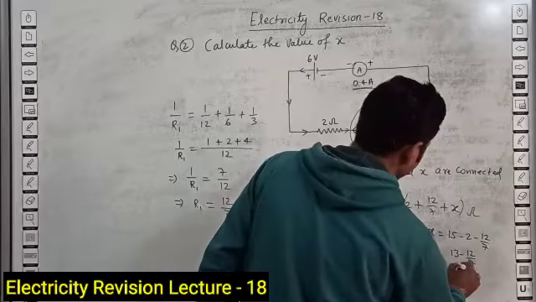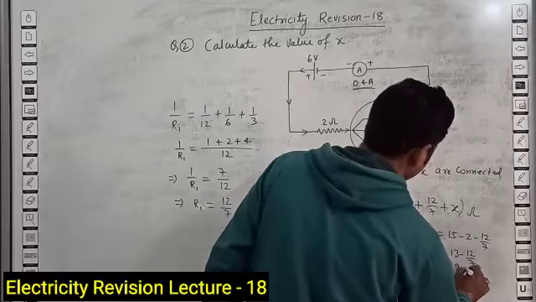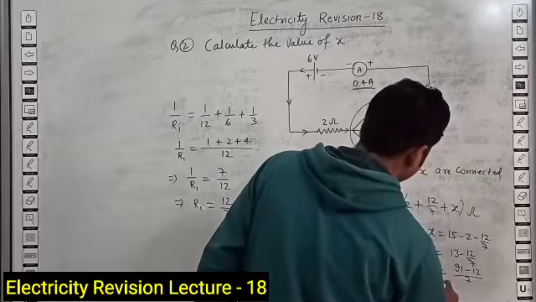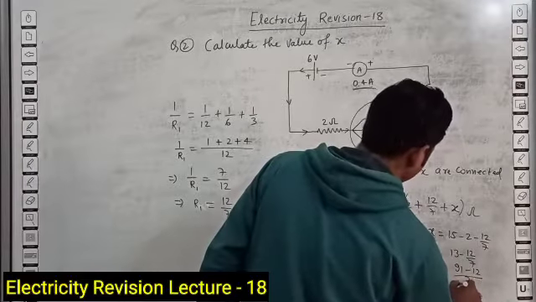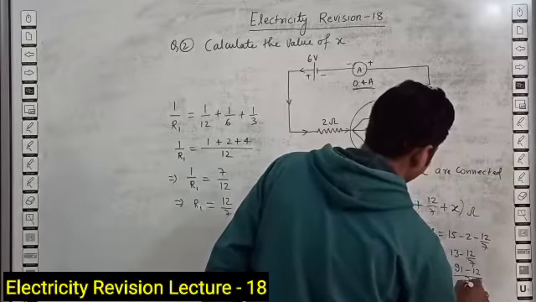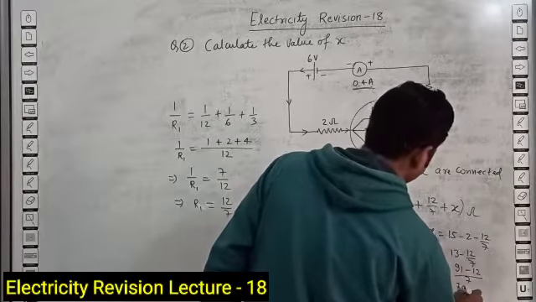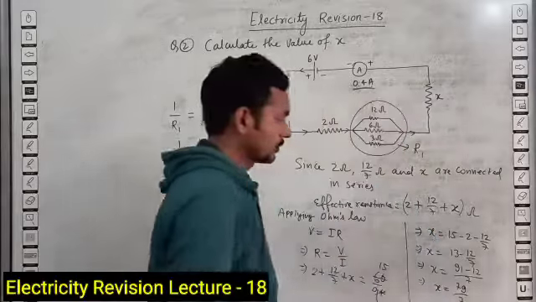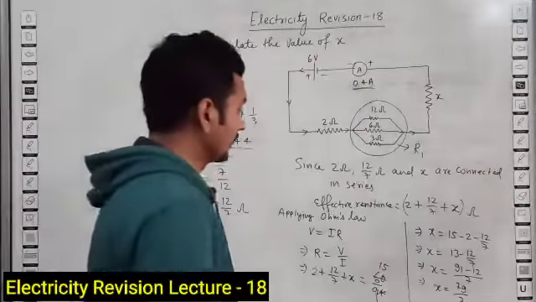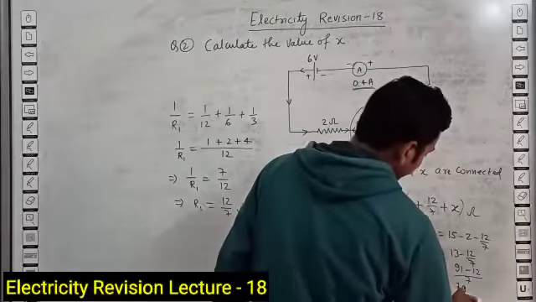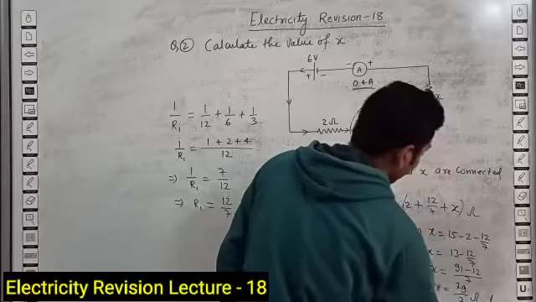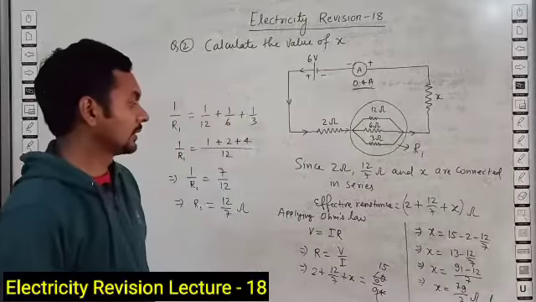So the value of X is 79 upon 7 ohm. This is the answer of this question.